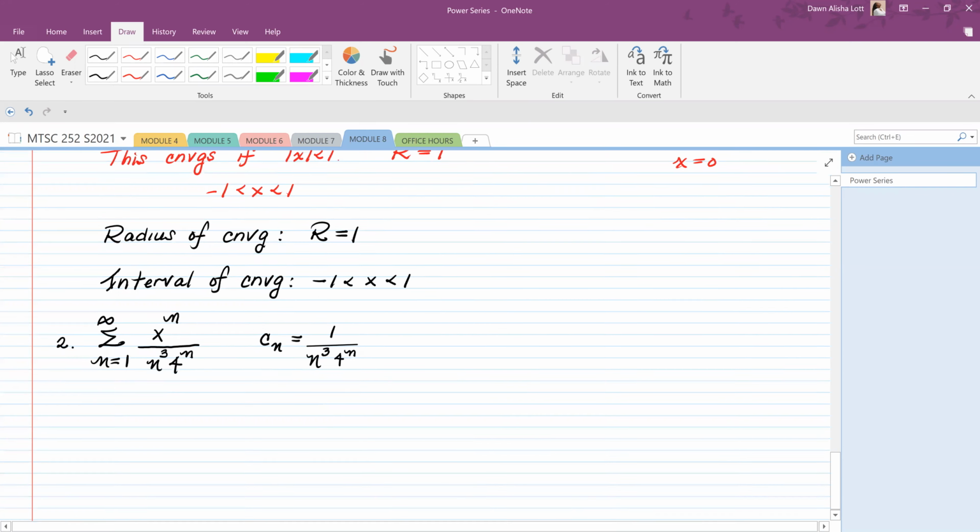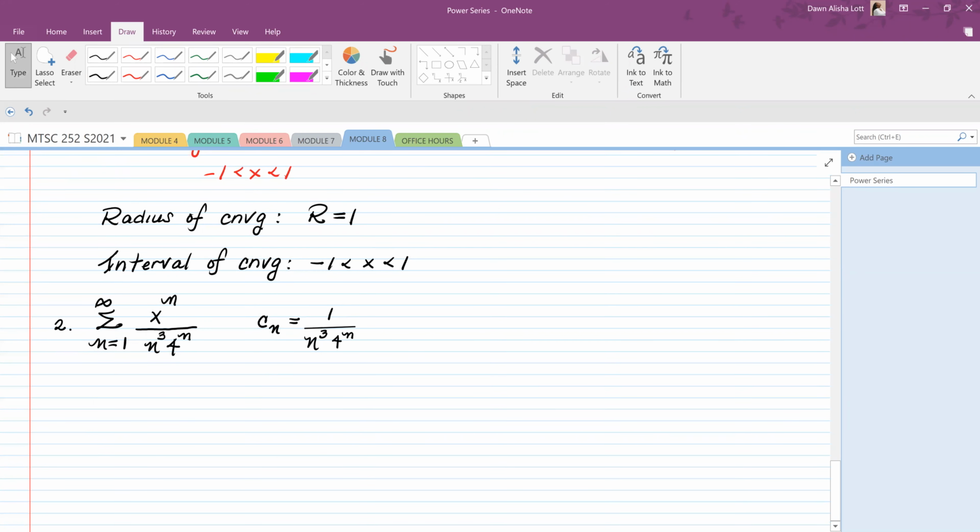One of the main tests that you can use for convergence of power series are the root test and the ratio test. So let's use the root test on this.